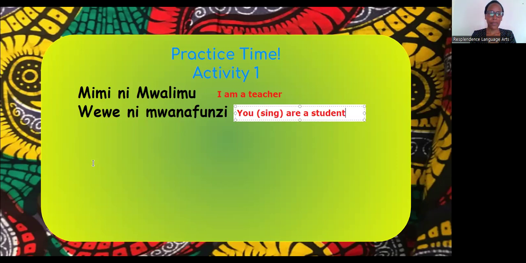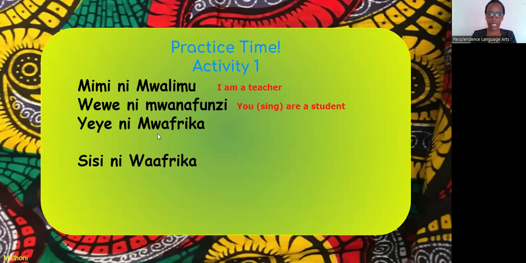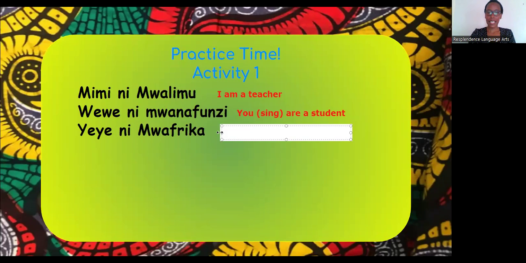Good job. And then let us move to the third one, which is yeye. Yeye ni Mwafrika. Yeye ni Mwafrika. Remember what Mwafrika is? Mwafrika is an African person, okay? So this can mean he or she. So yeye ni Mwafrika, he is an African.